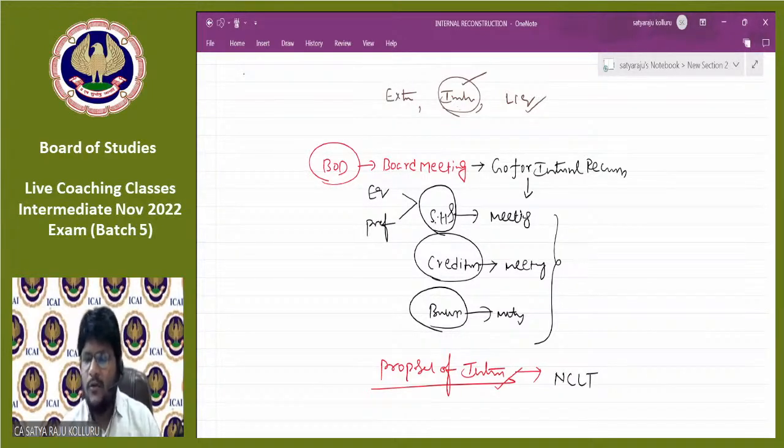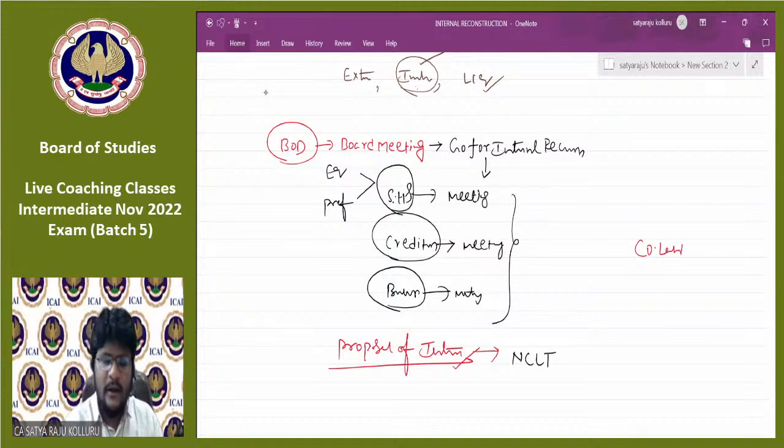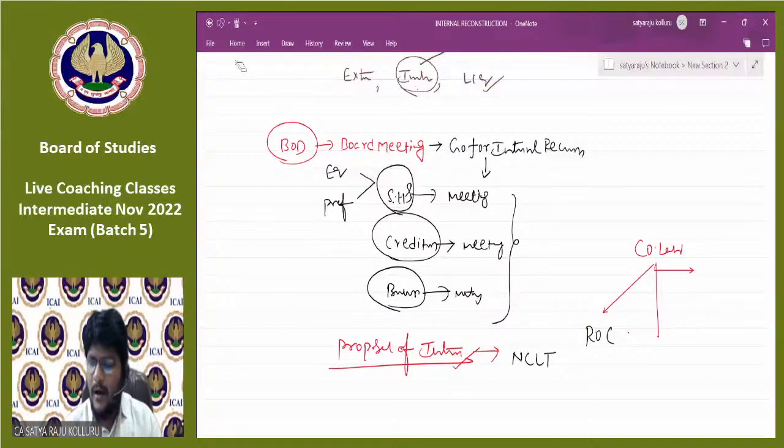You might be aware of the NCLT. If you don't know anything about NCLT, as per company law, certain regulators are available to administer the provisions of the Companies Act. One such regulator is the ROC, Registrar of Companies, and another regulator is the RD, Regional Director.